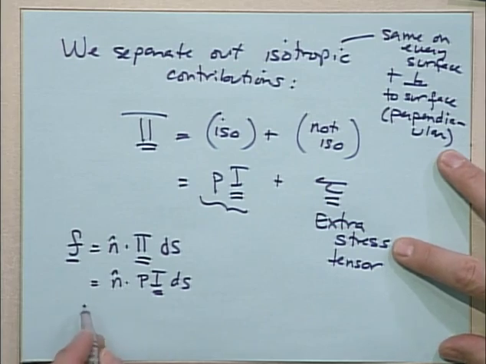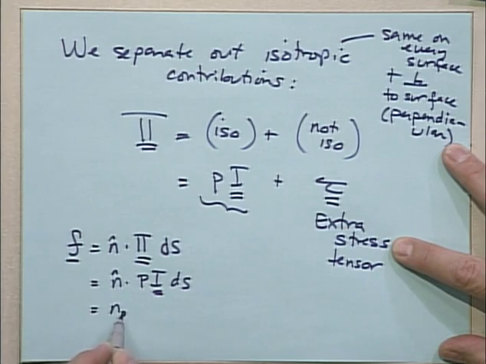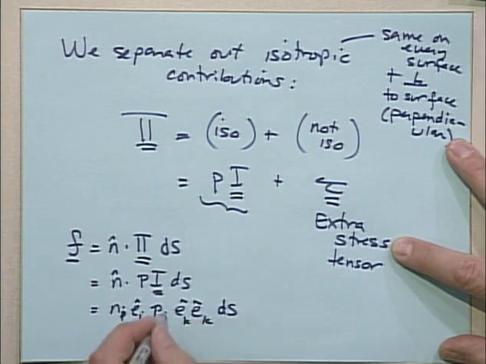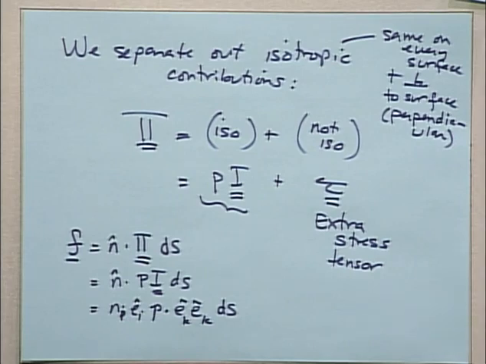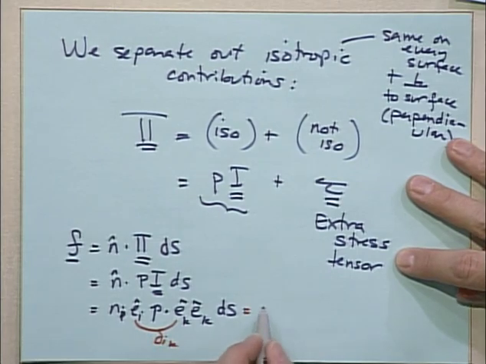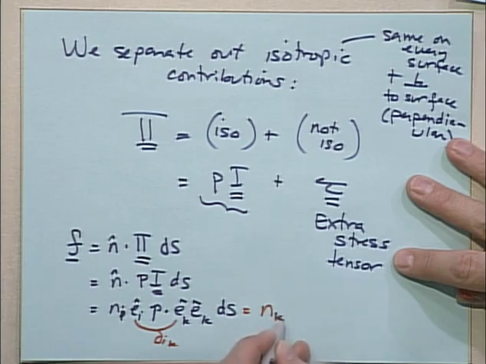And I can do this in Einstein notation. This dot product is n_i e_i dot the pressure times the identity tensor. The identity tensor is e with the same subscript in both places, e_k e_k. And there's a dot. So it's e_i dot e_k, delta_ik, and I get n, i becomes k.